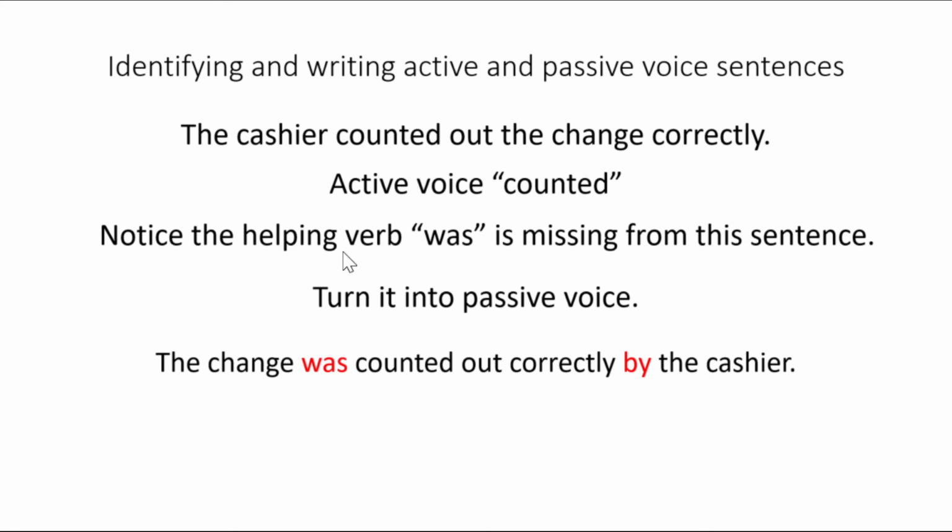So now we take what was counted out, the change, and make that the subject of our sentence. The change was counted. We add the was to the verb was counted out correctly and then by the cashier. So now the cashier, who is the subject of the active voice here, is now a prepositional phrase at the end of the sentence here.